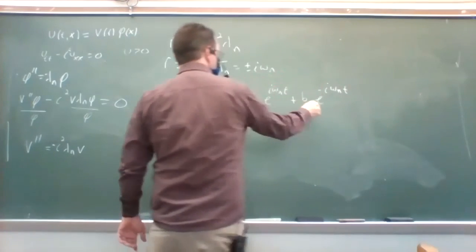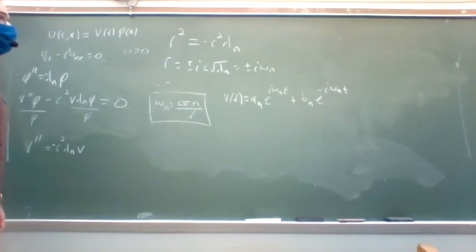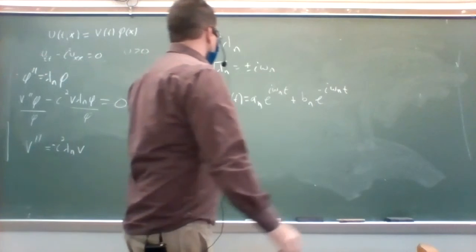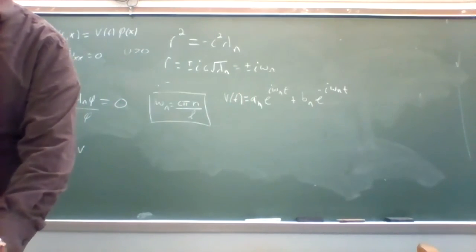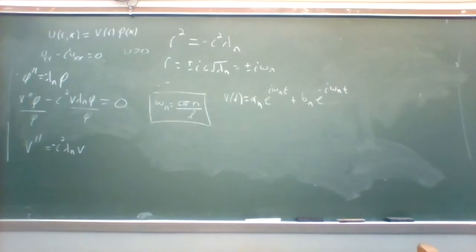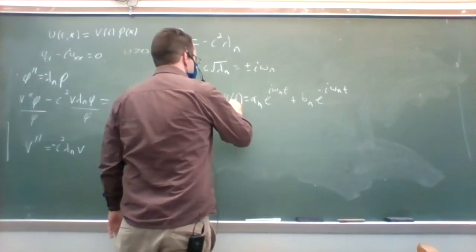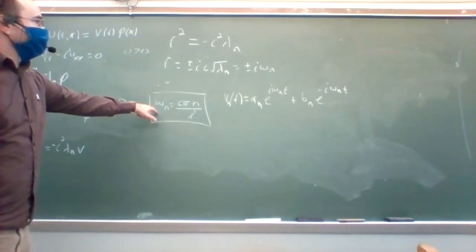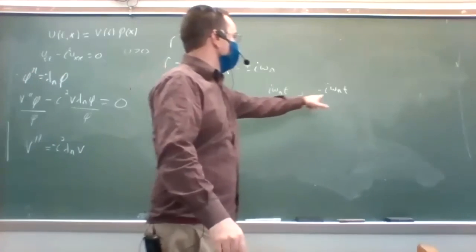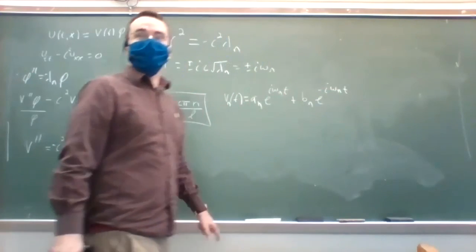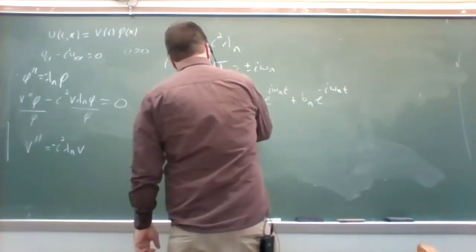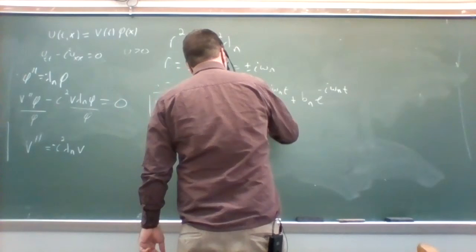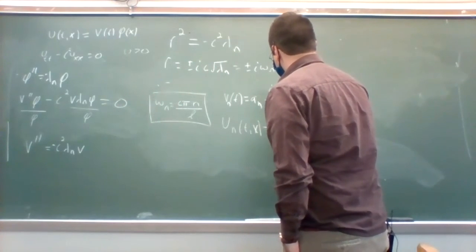You'll get one solution for each n, and you might call this v sub n. That's why we defined omega like we did, because we wanted it to actually be a frequency. So that's what the frequencies should look like. And this now gives us the so-called pure tone solutions, just by multiplying them together.